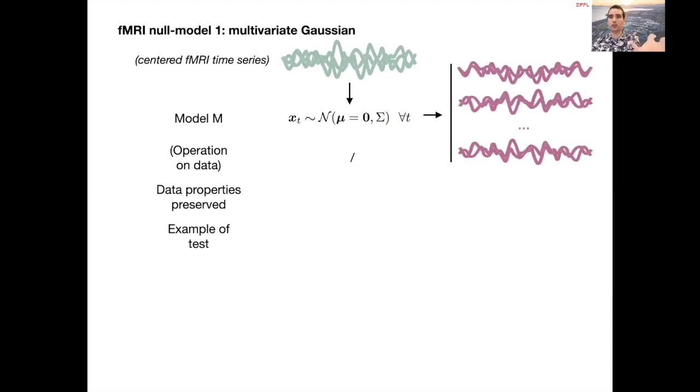Using this model, we can generate different sets of surrogate data. And again, each realization is now multivariate. The data properties being preserved are the mean and the covariance structure, and an example of a test would be the average lag autocorrelation over variables, because here we know that autocorrelation would be destroyed.